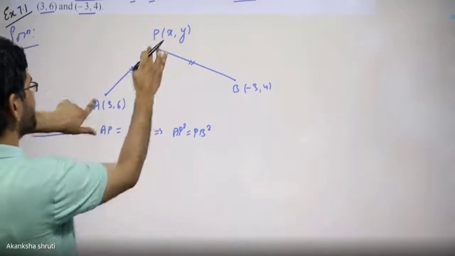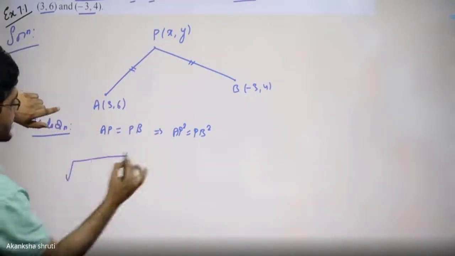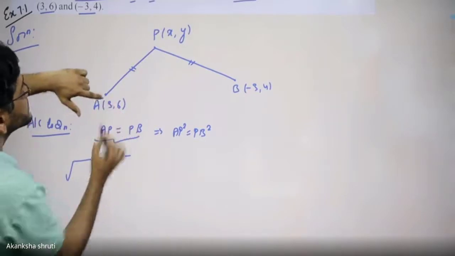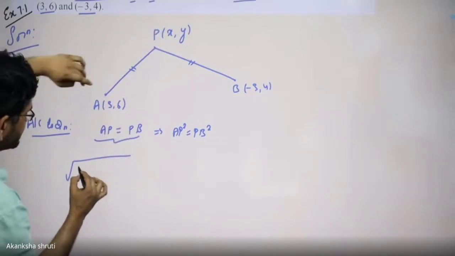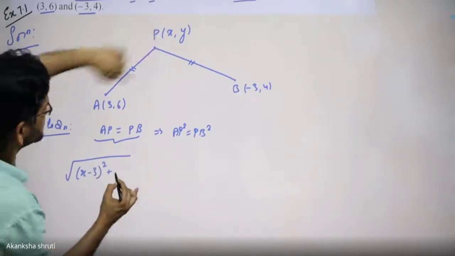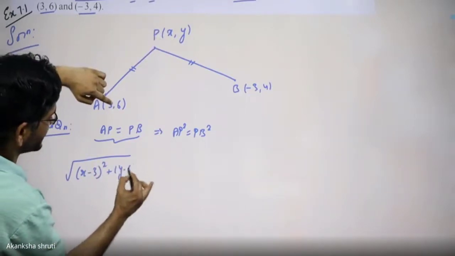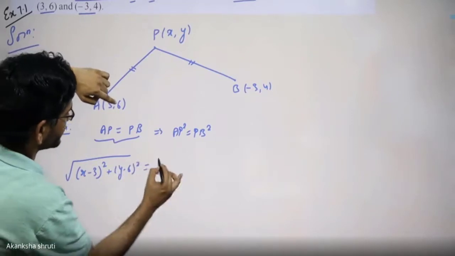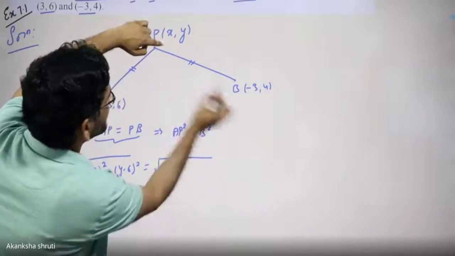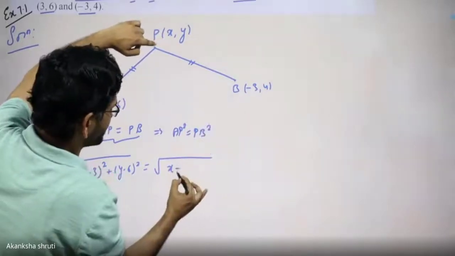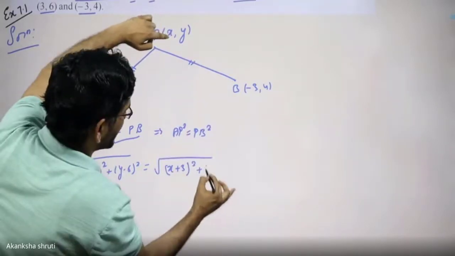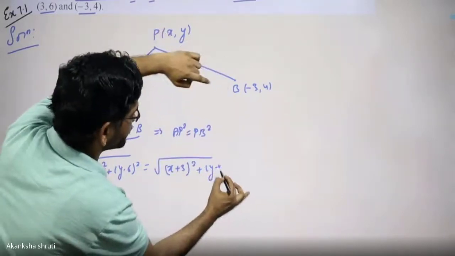So AP is calculated by the square root of (3 minus x, or x minus 3) whole square plus (y minus 6) whole square, equal to the square root of PB, which is (x minus of minus 3, becomes x plus 3) whole square plus (y minus 4) whole square.